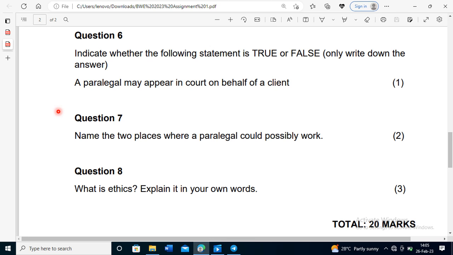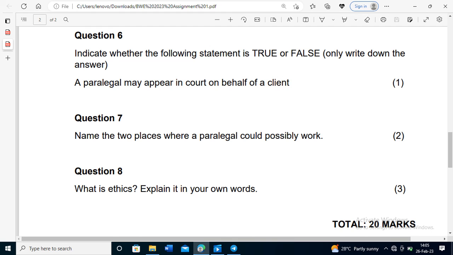There are just 2 types of places: community and law firm. So you just have to read that and then you're going to find only 2 places. So let's go to number 8.